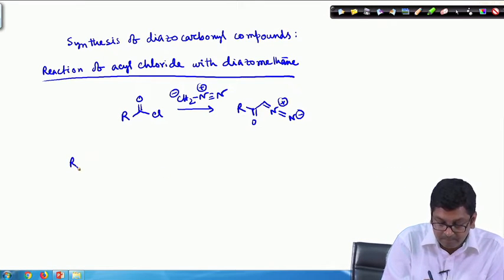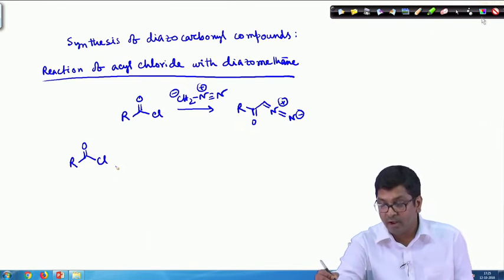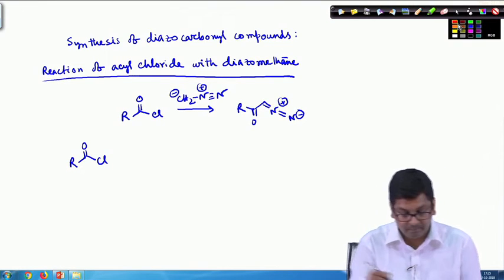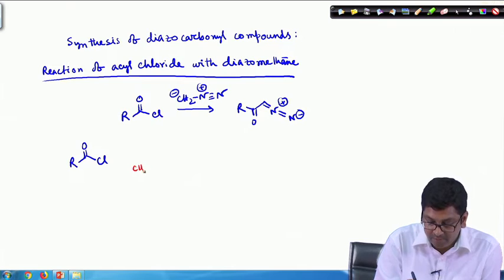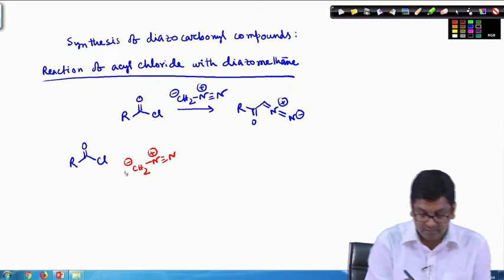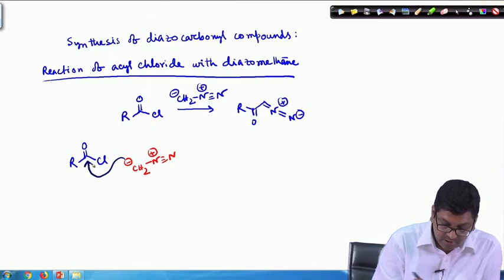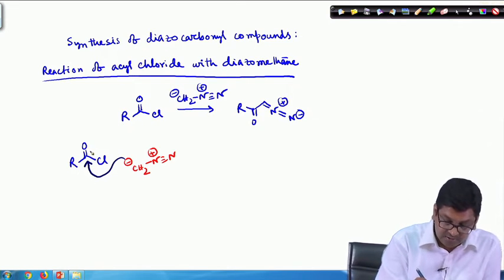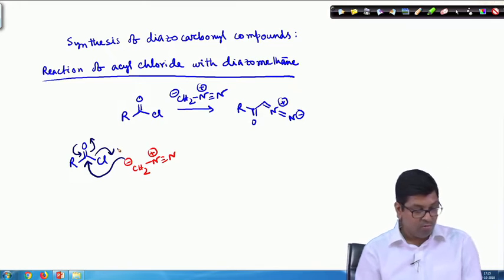Now, if you have this acyl chloride, and now you have diazomethane, this can easily react over here, and once this goes, the electrons will come back and chloride will go out.